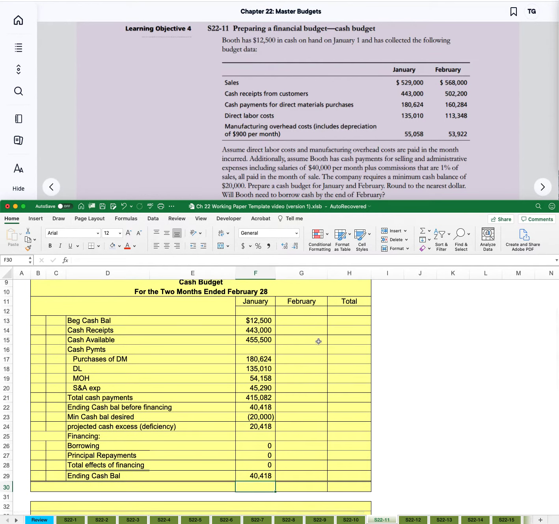So then, for February, our beginning cash balance is going to be the ending cash balance from January. So we'll just use a cell reference to pull that 40,418 up. Cash receipts, we have 502,200.